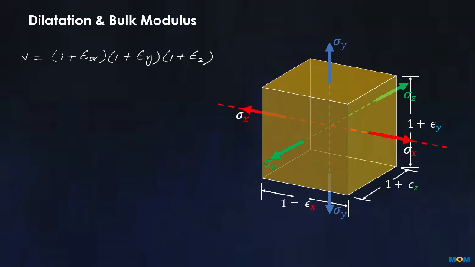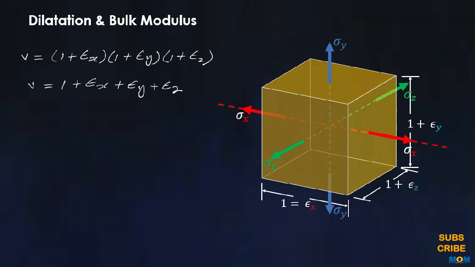Since the strains are much smaller than unity, the higher-order product terms can be omitted and the expression could be rewritten as V is equal to 1 plus epsilon x plus epsilon y plus epsilon z.